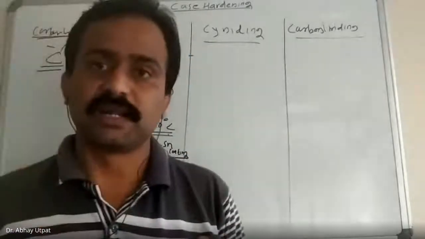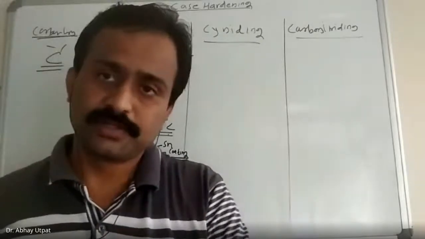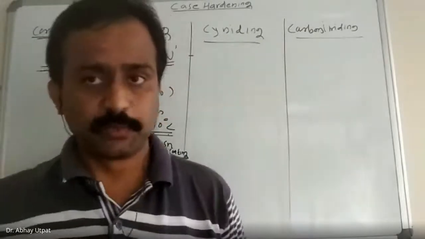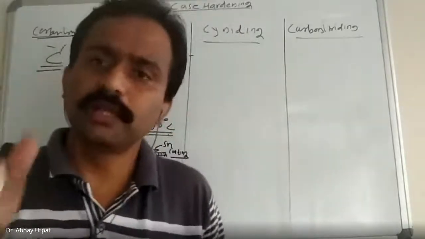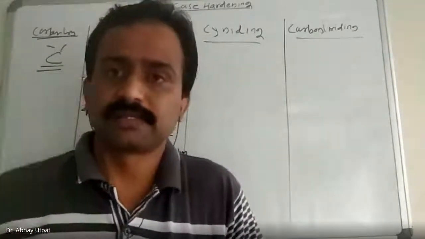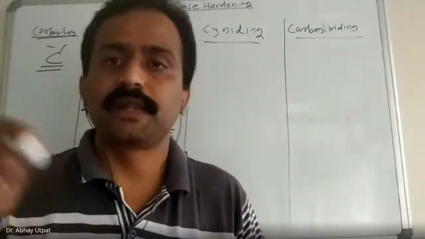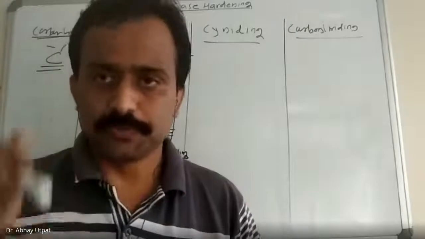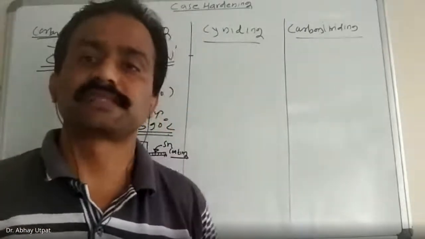Now the question is that cyaniding also uses the same bath, liquid carburizing also uses the same bath. Liquid carburizing consists of diffusion of only carbon, whereas cyaniding consists of diffusion of carbon and nitrogen both. So how is it possible? Yes, it is possible with some energizers.